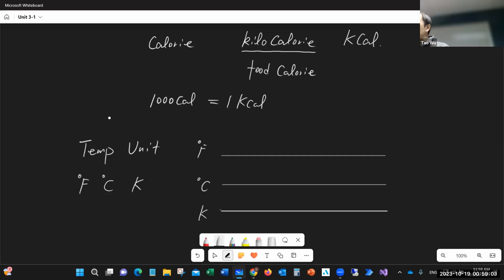So this is Fahrenheit, Celsius, and Kelvin. Let's see, what is the freezing point for water in Fahrenheit? 32. So that's 32 Fahrenheit. What is the boiling point for water in Fahrenheit? 212.